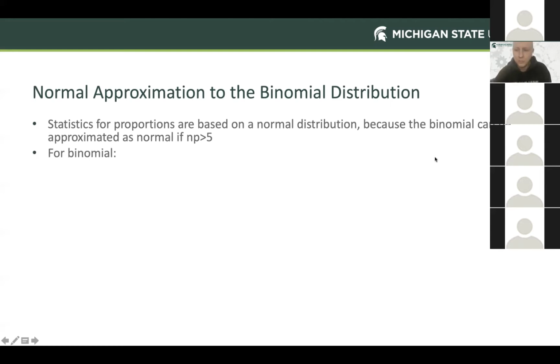And so for the binomial distribution, as you may recall, if we've got n number of trials, the average number of successes we would see in those trials would just be the sample size times whatever the probability is of us having an independent success in any one of those trials. And we're generally assuming that that proportion or that probability is going to be consistent from observation to observation.